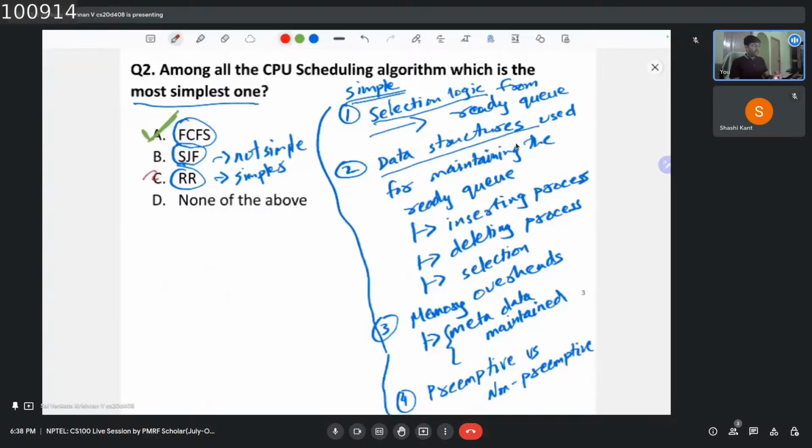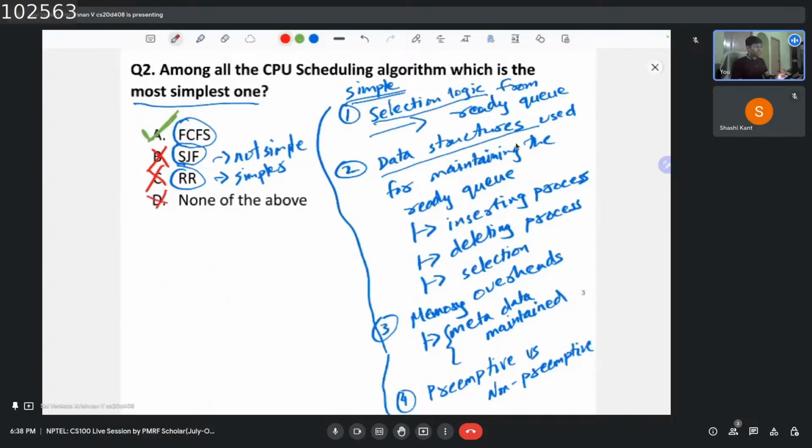The other, RR, is also somewhat simple, but you have to correctly identify what the time quantum value should be to make it efficient. SJF, the shortest job first algorithm, is a bit difficult to implement, and the selection logic should be a bit more involved when compared to the FCFS and RR algorithms.